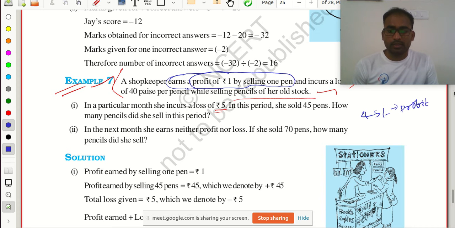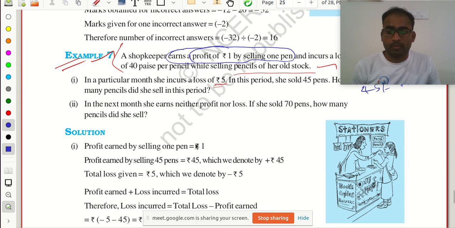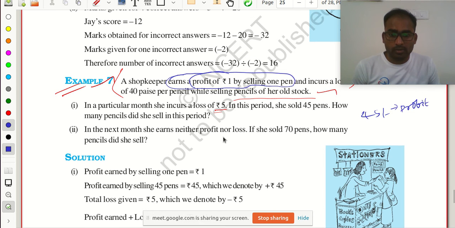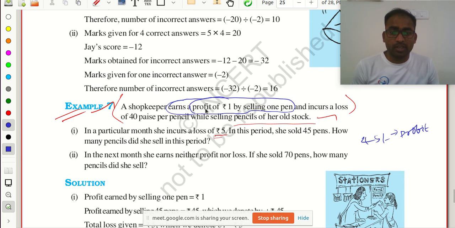Next, the loss. So, in a particular month, she incurs a loss of 5 rupees. When will she get a loss? She gets a loss when she sells a pencil.